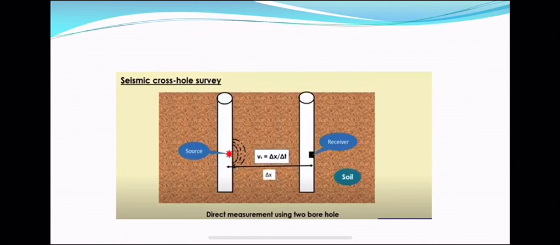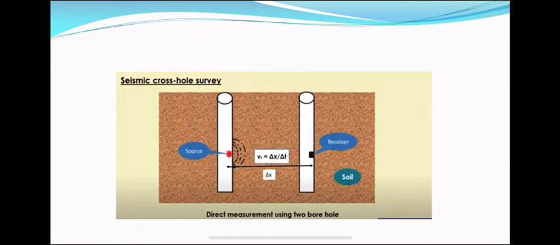Now once we get the velocity, what will we do? We may have different layers, 2 or 3 depending upon the type of soil area, with a single receiver or multiple receivers.